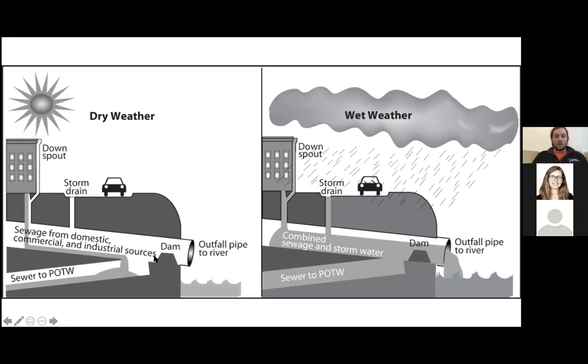So this is an old way of setting up drinking water and wastewater infrastructure, and it generally works pretty well as long as it's not raining too much. Because if it rains too much, then the volume of water in that combined sewer pipe becomes too much. And the system is actually designed to release that excess water that it can't handle directly out into the environment. So for us, that might be in the Cuyahoga River or into Lake Erie directly.